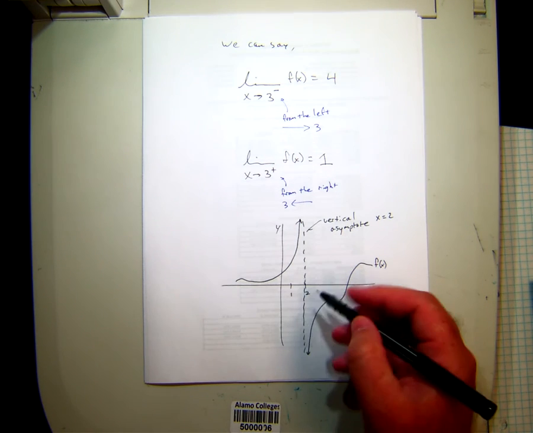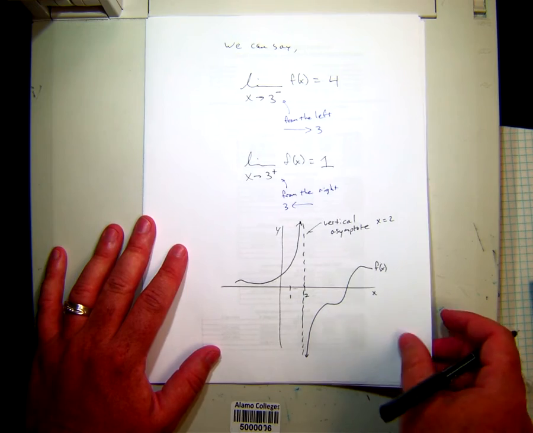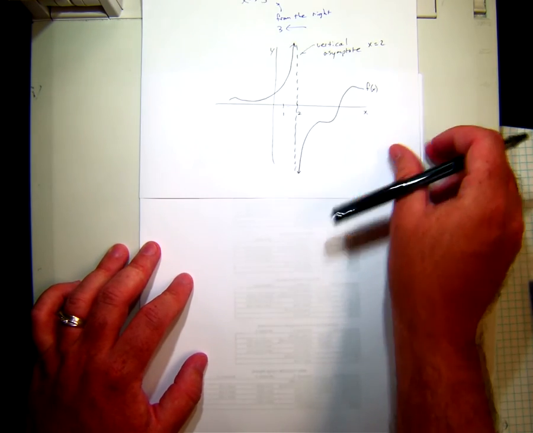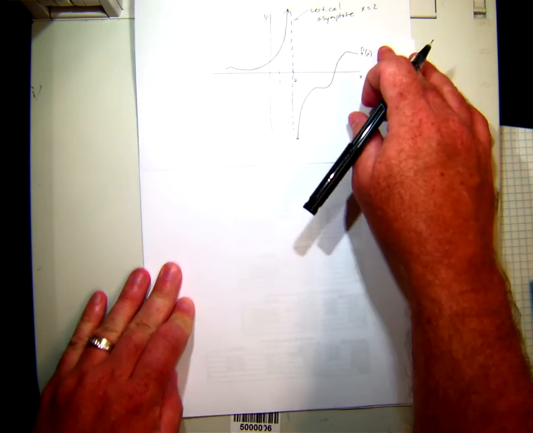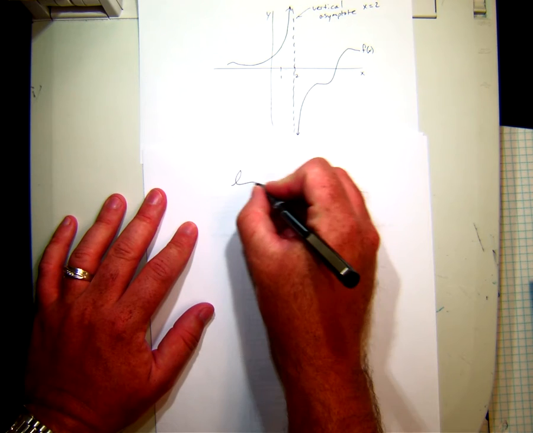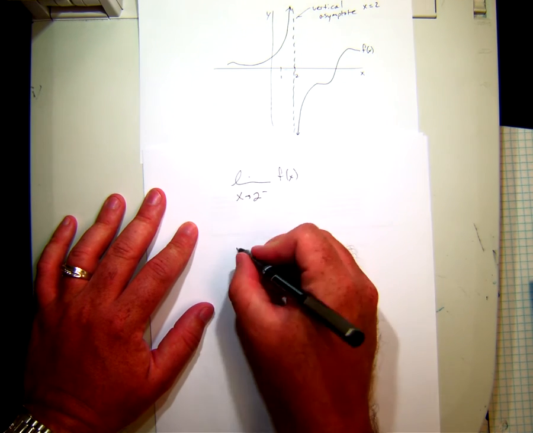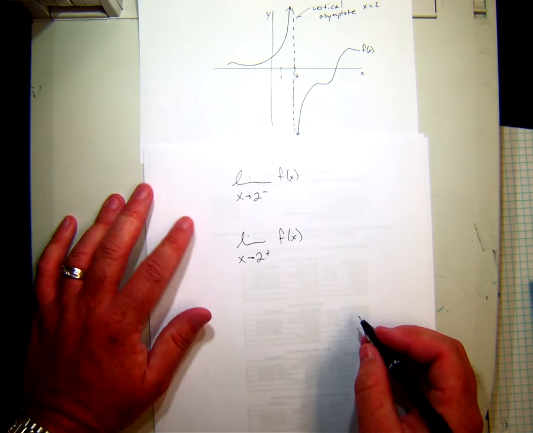So what happens as x is approaching 2 from the left and from the right? Well, we can say the limit as x approaches 2 from the left and the limit as x approaches 2 from the right, we're going to call these something.